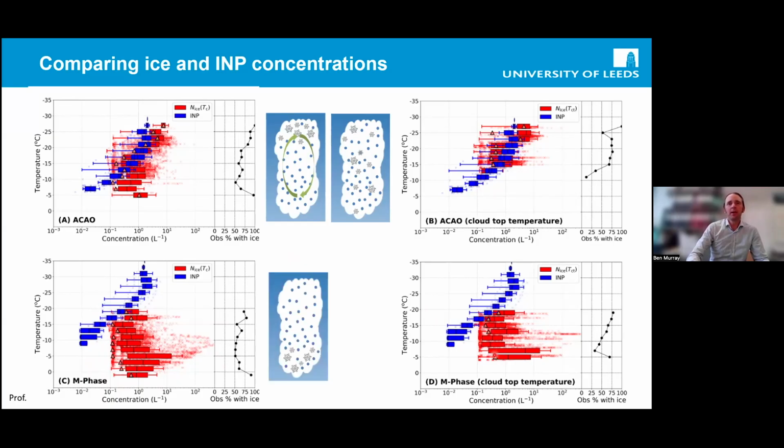What we think is happening here is that these clouds are straddling the Hallett-Mossop regime, this -3 to -8 degrees centigrade, whereas very few of the clouds in ACAO actually went into that Hallett-Mossop regime. So we think that a lot of the ice production is actually occurring low down in the cloud, and that's then getting mixed upwards.